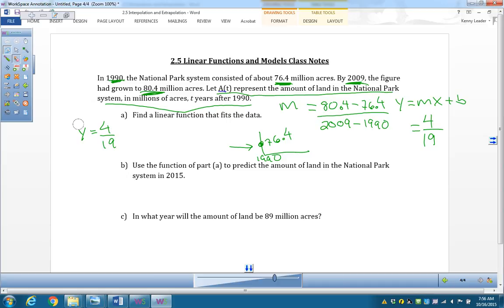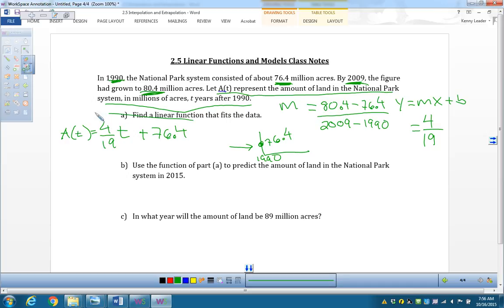A of t is equal to 4/19ths t plus 76.4. Do you get that?